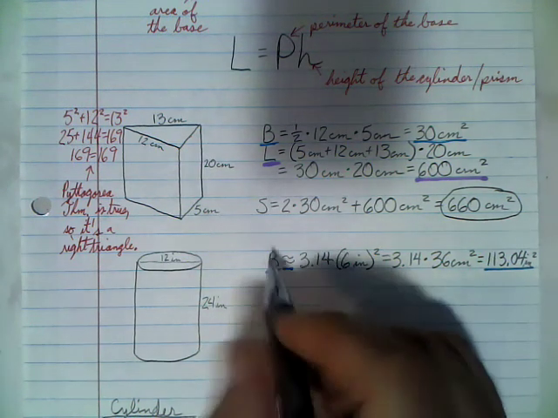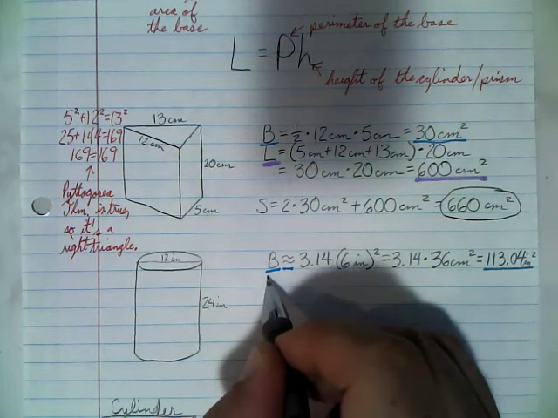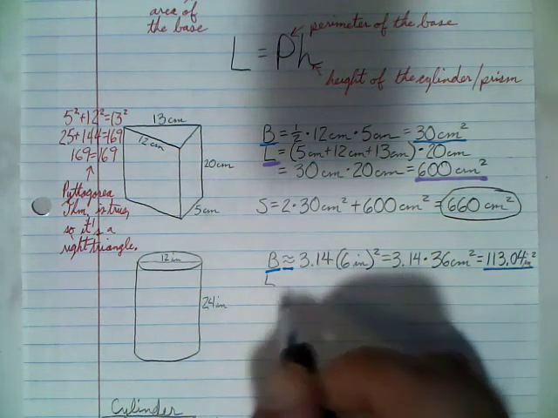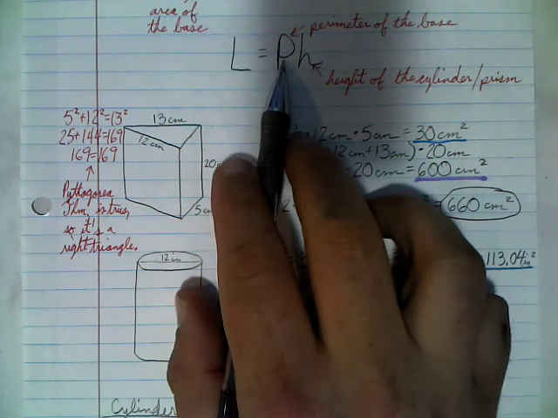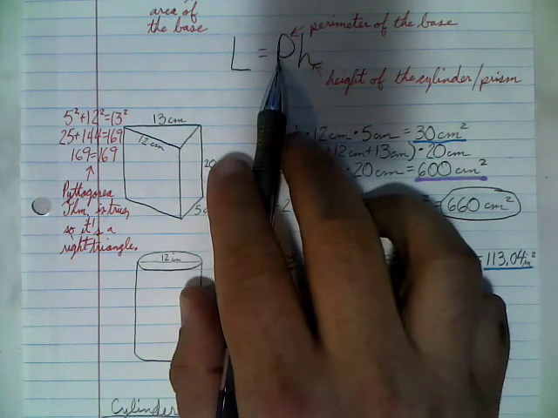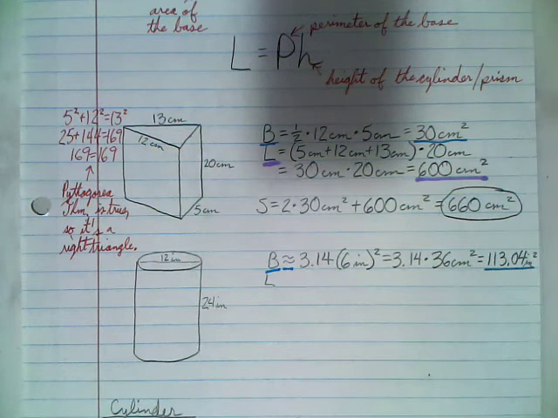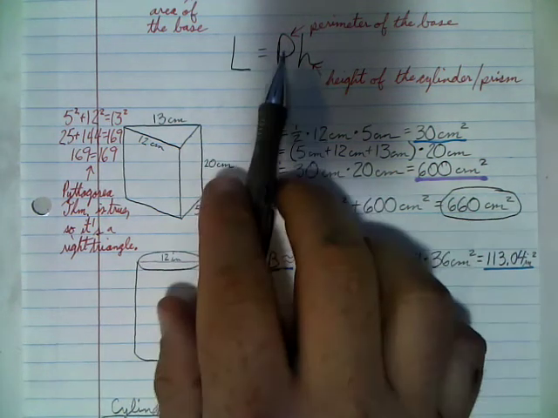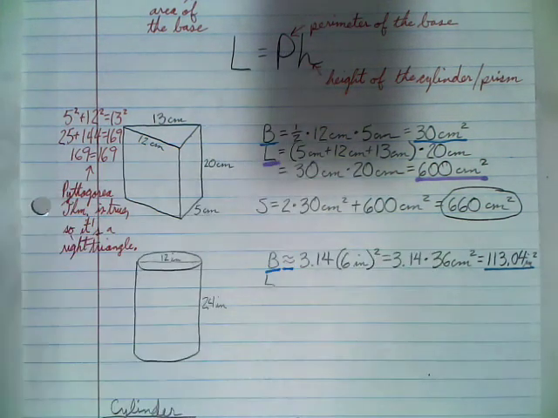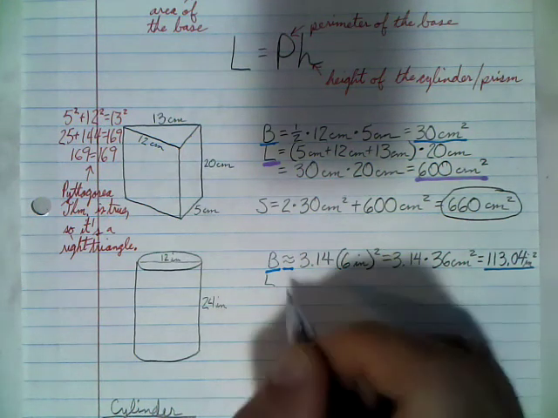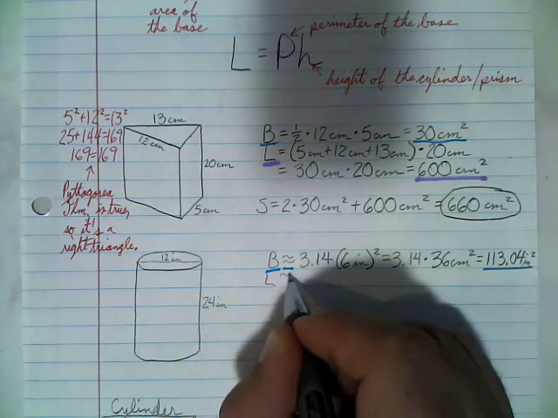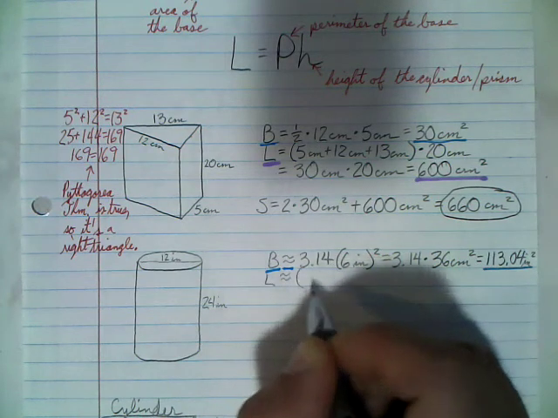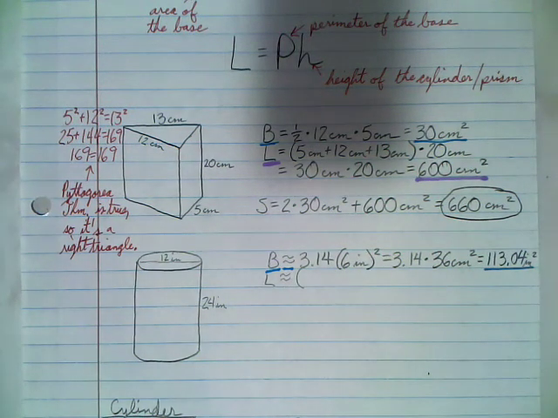All right, now let's go ahead and find the lateral surface area. So the lateral surface area here is going to be L equals PH. Now in this case, since it's a circle, it's technically CH, circumference times height, because the circumference is the perimeter of a circle. So circumference here, I'm going to say that this is approximately equal to, I'm going to put parentheses around that perimeter, around that circumference, just to identify it as the circumference.